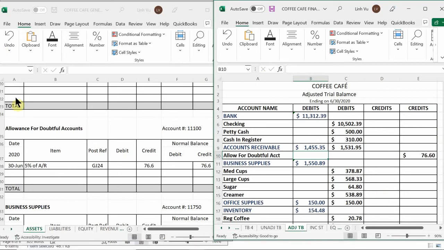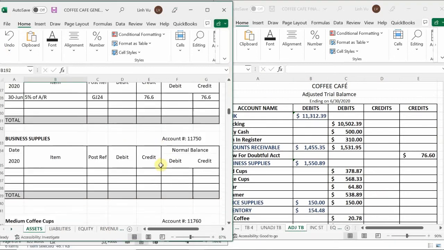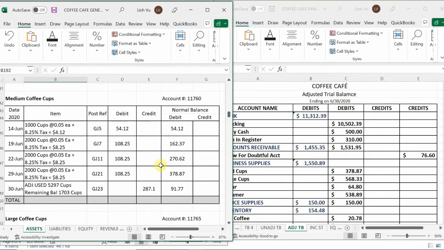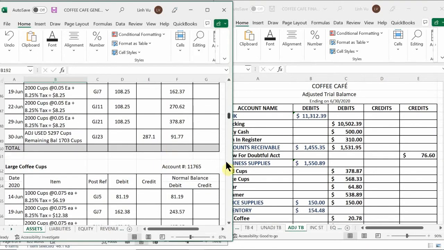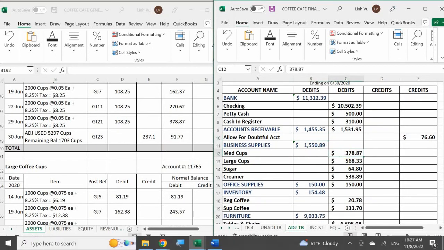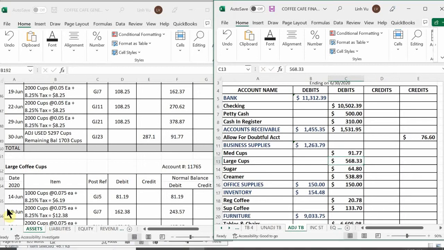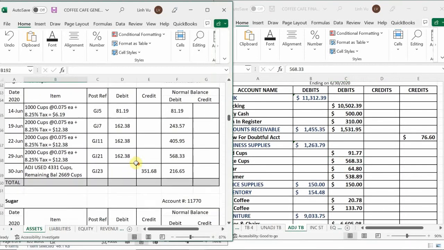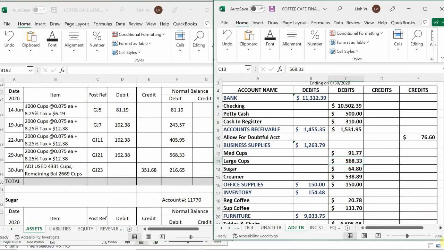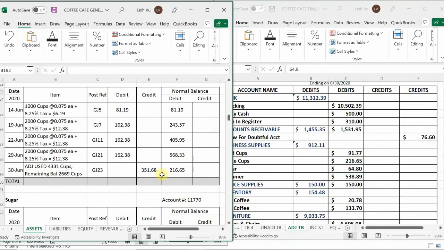So next is business supplies. We made a lot of adjustments to my business supplies. For example, my medium cups is now down to $91.77. My large cups is now $216.65. Okay.